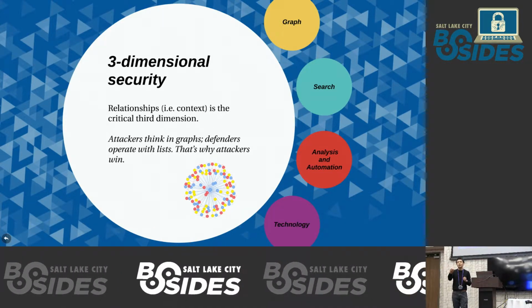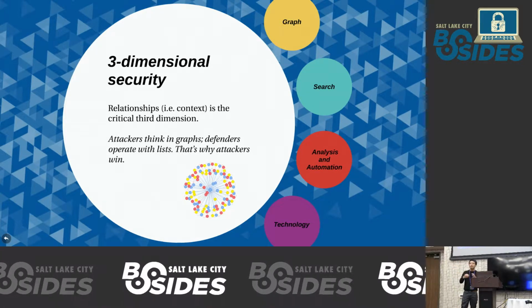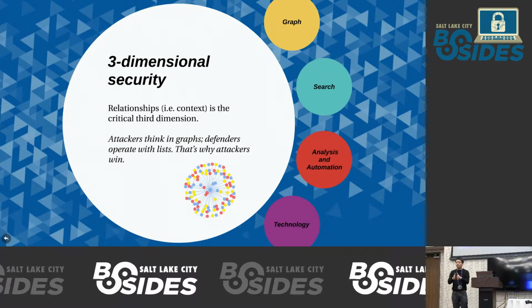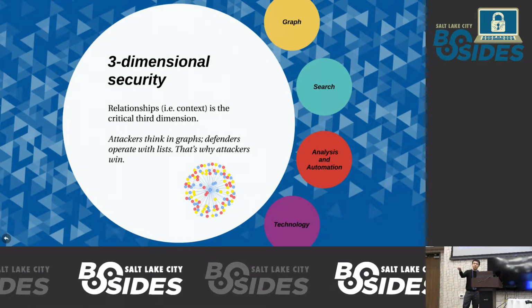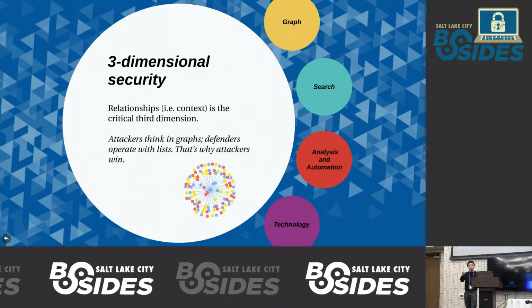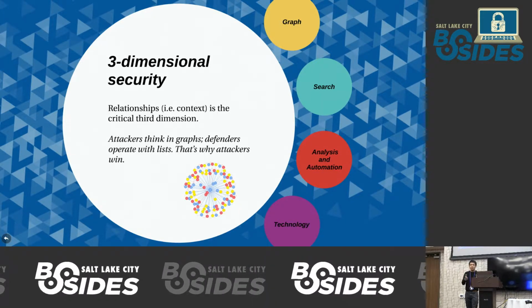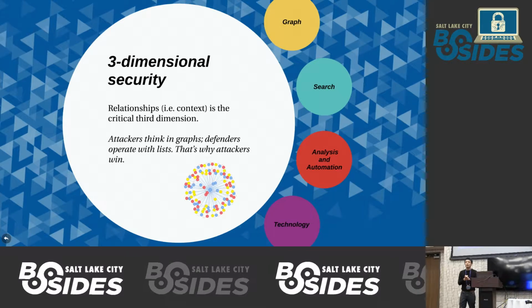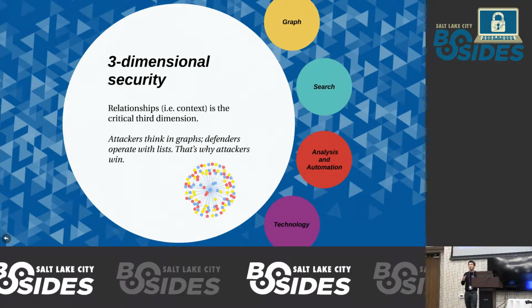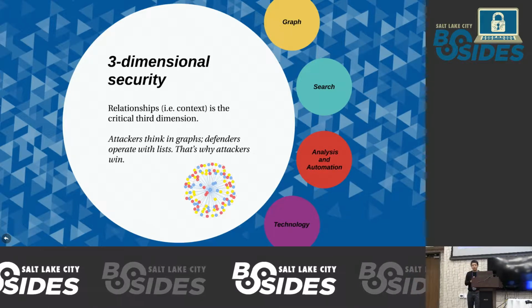Once they gain access to something, how does that become a beachhead for them to elaborate their access or elevate their privileges to gain access to anything else. They think in graphs, but defenders, they think in checklists. And that's why attackers win. And that leads to the main topic today, which is how we use graph and search to address this problem.